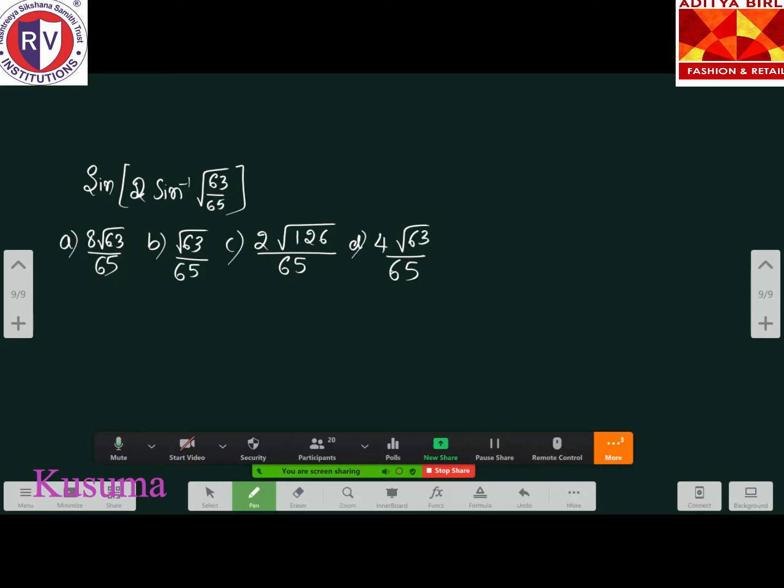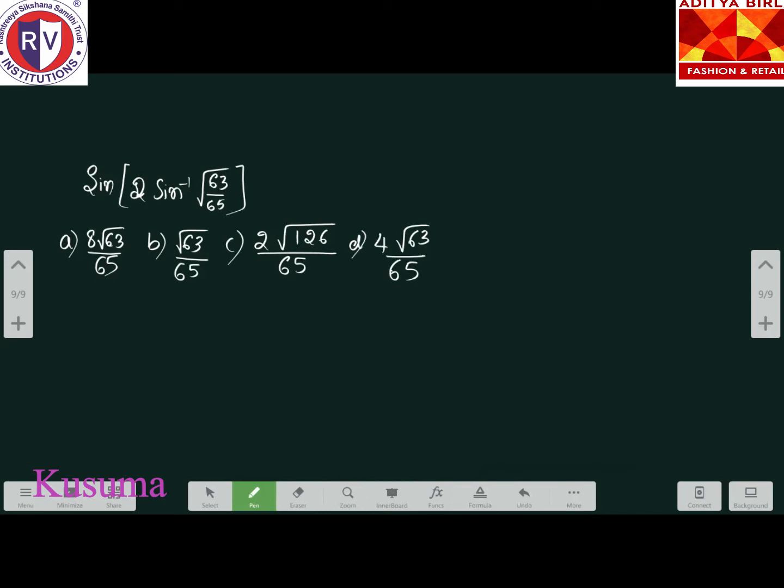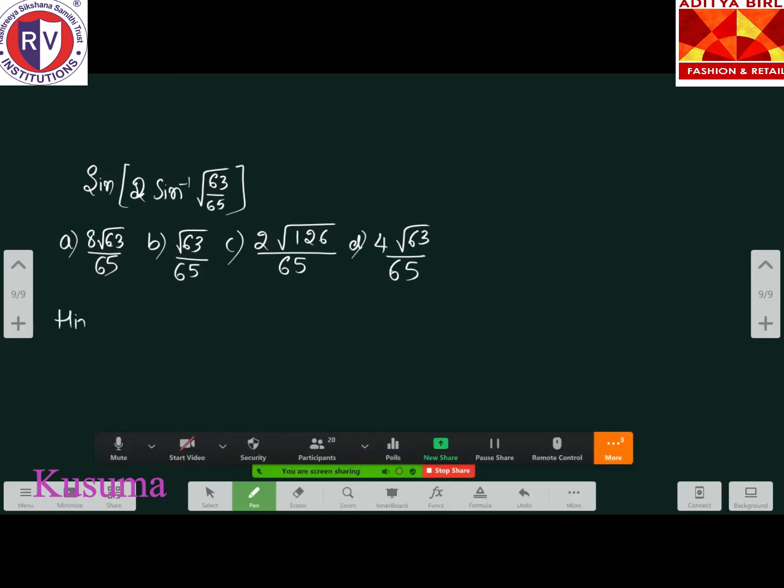Okay, I'll give you a hint. You try to do it on your own. 2 sine inverse x can be written as sine inverse of 2x root of 1 minus x square.